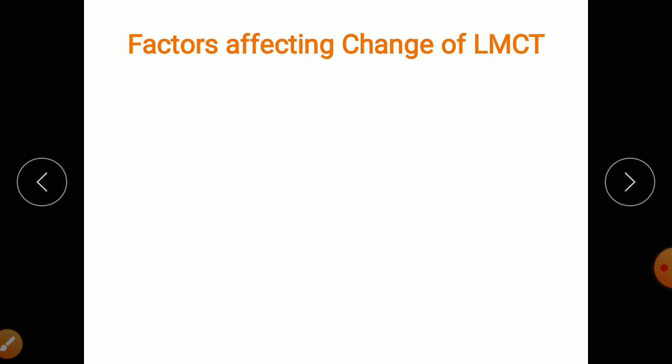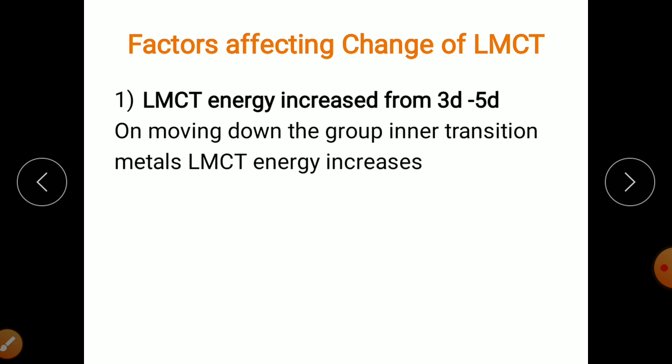The first factor is that the LMCT energy increases from the 3d level to the 5d. In the periodic table, as we move through the transition metals from top to bottom, it goes from 3d, 4d, 5d, and the energy should increase.